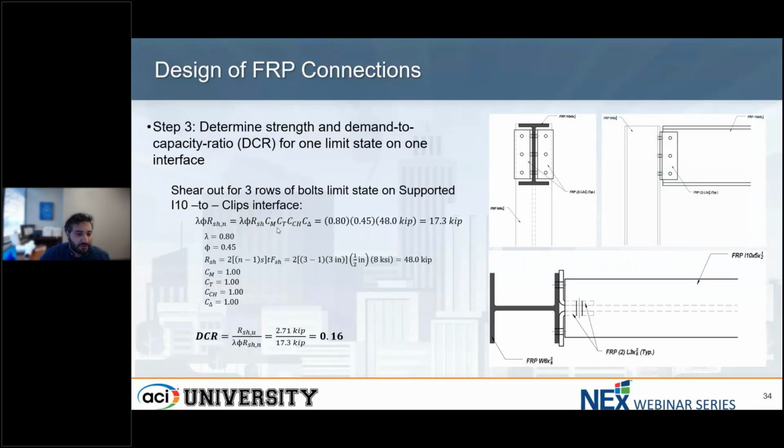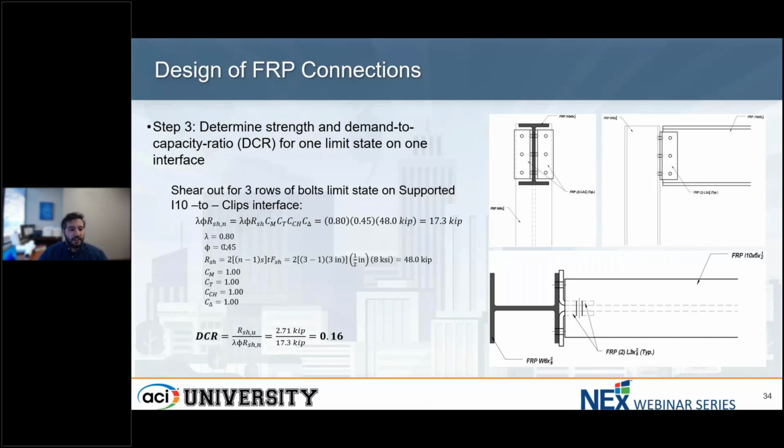What we have to account for in FRP are all these environmental factors, like CM, the coefficient of moisture, or CT, the coefficient of temperature, that we use to adjust our strength on top of using our resistance factor and our lambda, the time effect factor, the one that takes into account the creep behavior of FRP.